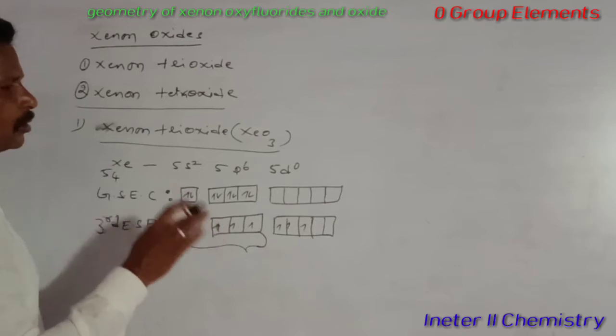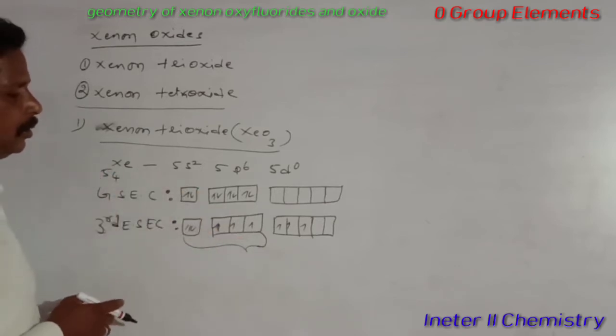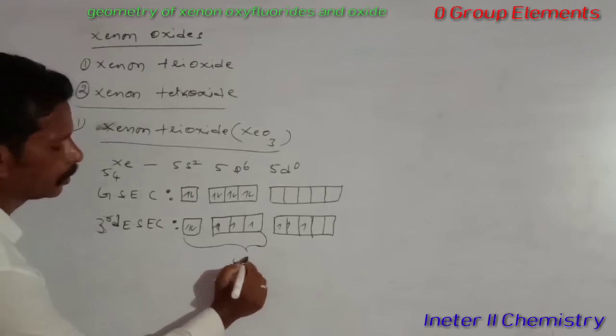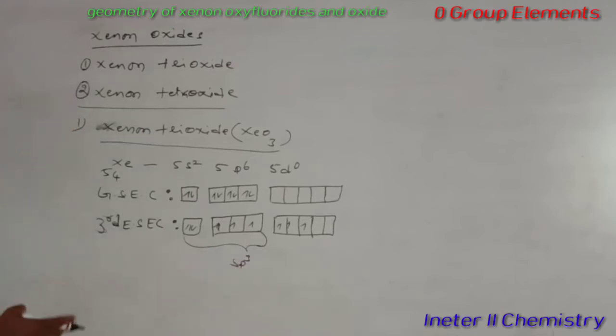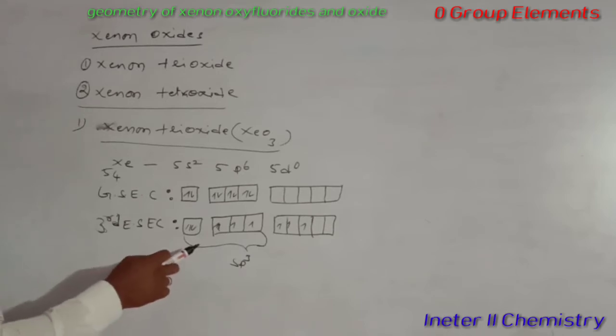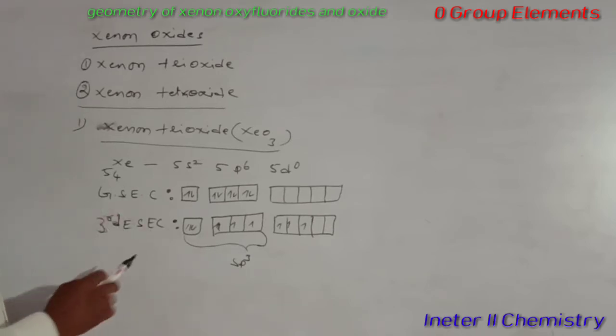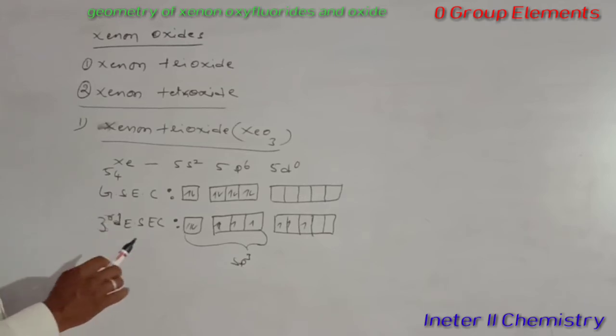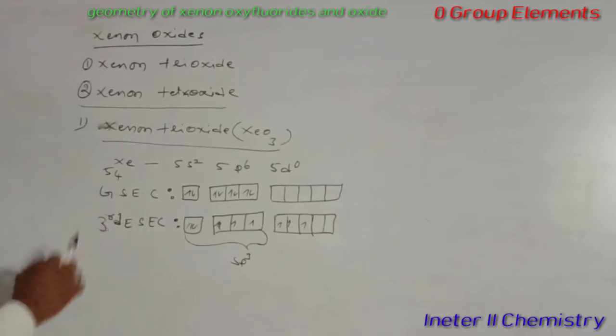So only sigma bonds are involving the hybridization. That's why it is undergoing sp3 hybridization. At xenon, how many total? 4 sp3 hybridized orbitals are formed. In these 4 sp3 hybridized orbitals, one sp3 orbital contains a lone pair of electrons, and the remaining sp3 hybrid orbitals contain unpaired electrons.